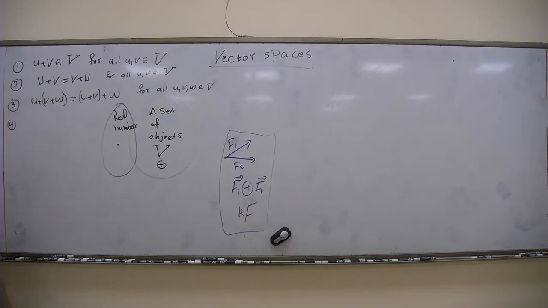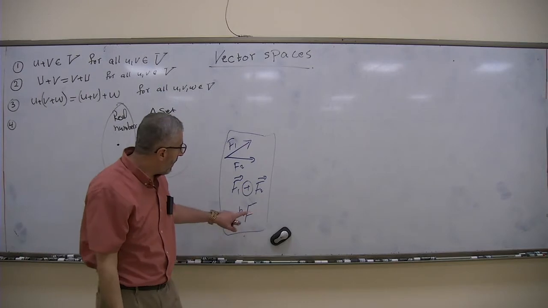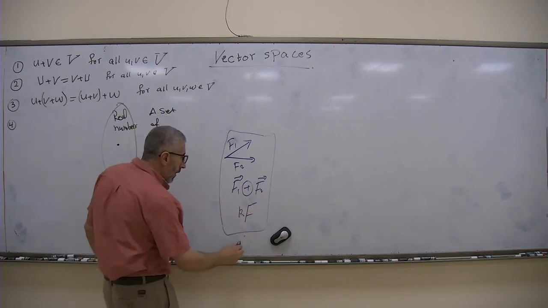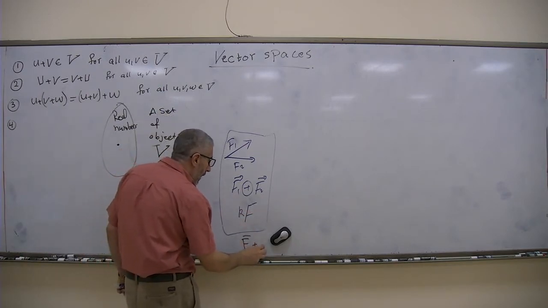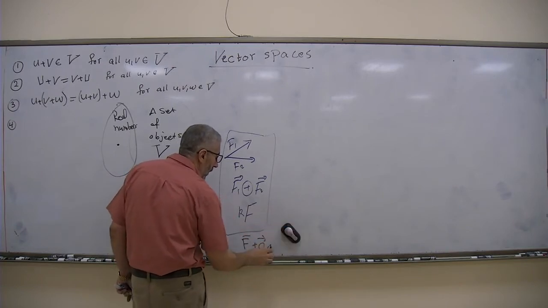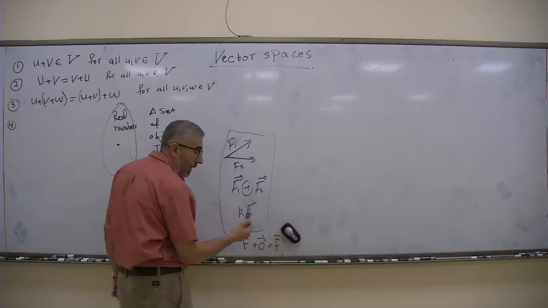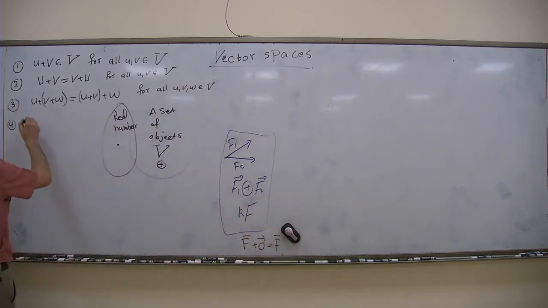There exists a zero object. There exists a vector 0. So here, if you take force and add a 0 force here, the result is F, correct? So we want that. So there exists a zero object.